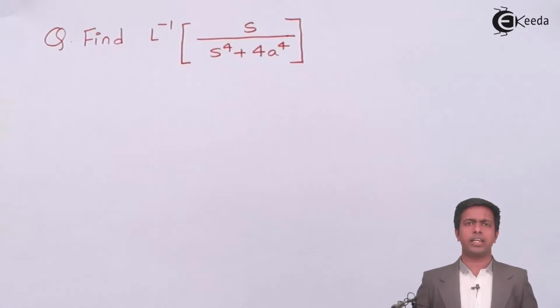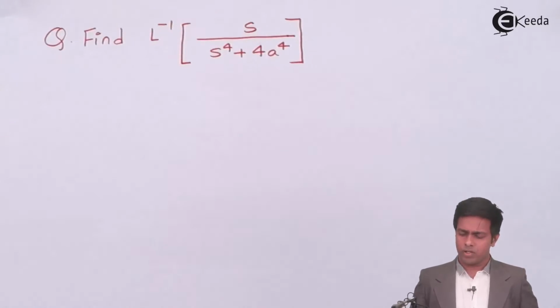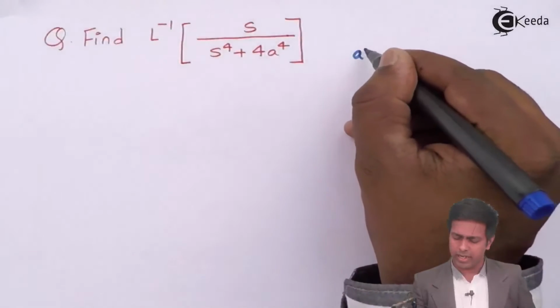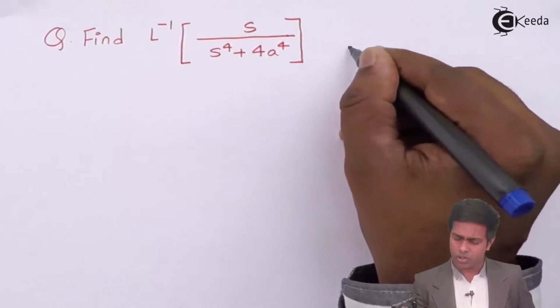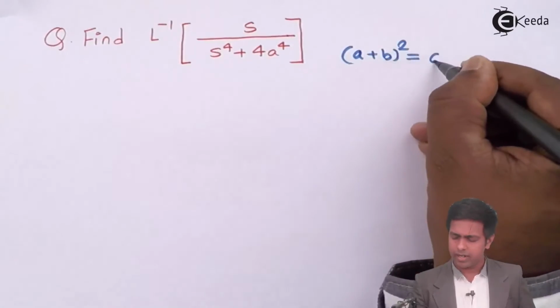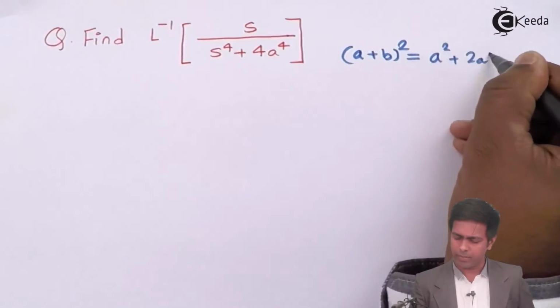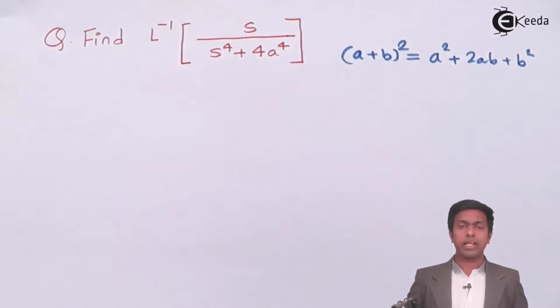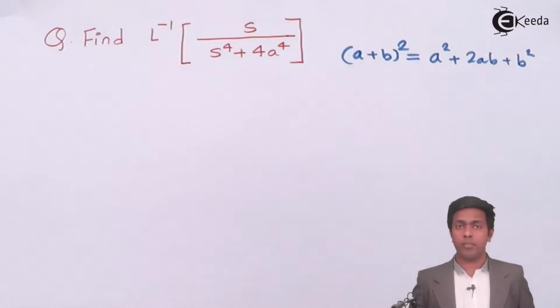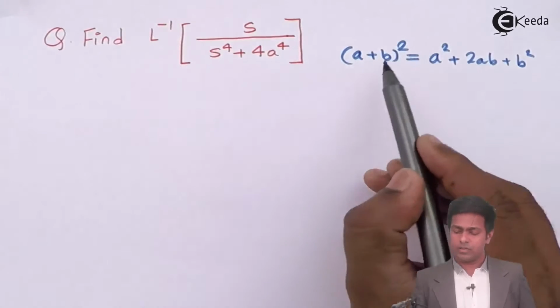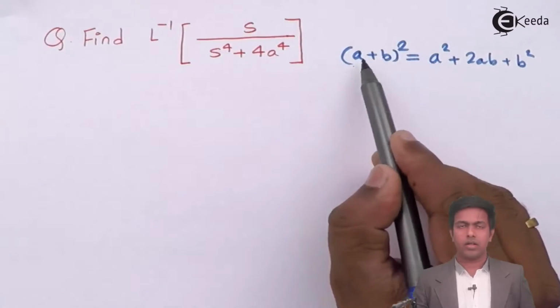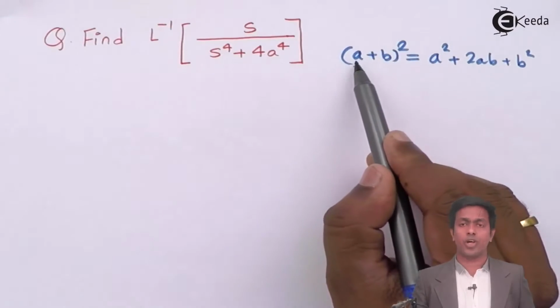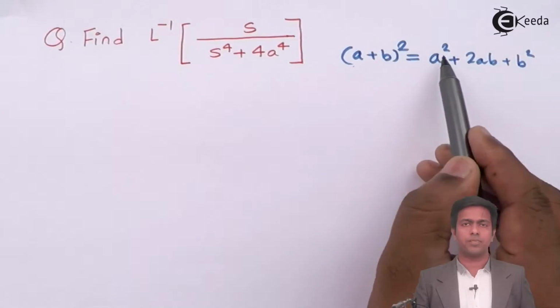Let me tell you that formula. You all must know that a plus b the whole square is a square plus 2ab plus b square. Now if I want to bring this denominator in this form, then this first term a is the square root of the first term.